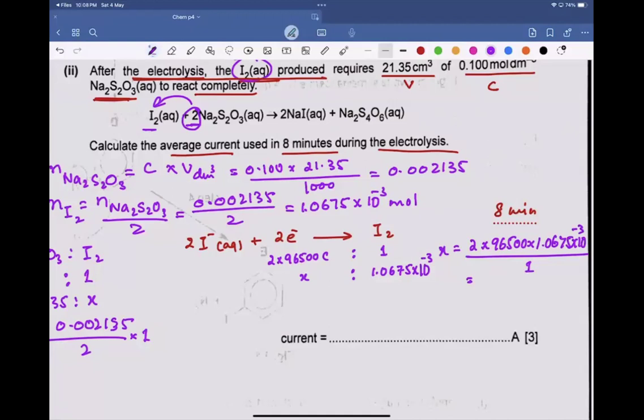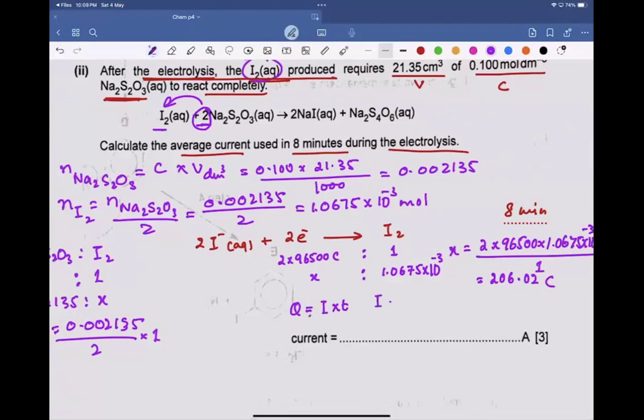Okay, after 206, do we have some other figure? Okay, 206.2. Thank you, Mahmeen and Maham. So that's the coulomb. And we know coulomb is the electric charge, that is Q, and its formula is Q equals current times T. So if I have to find the current, then current is equal to Q over T. So Q is the coulomb, which is 206.2, and time is 8 minutes, which must be converted into seconds by multiplying by 60.